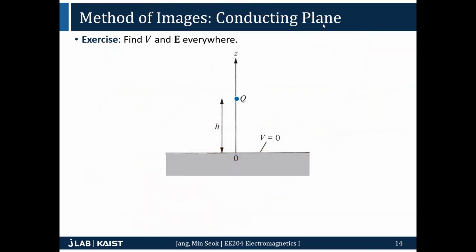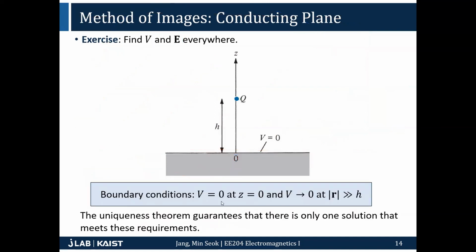So let's look at this again. This is the boundary value condition that I said. When z equals 0, V must be 0. And when r is much larger than h, V goes to 0.